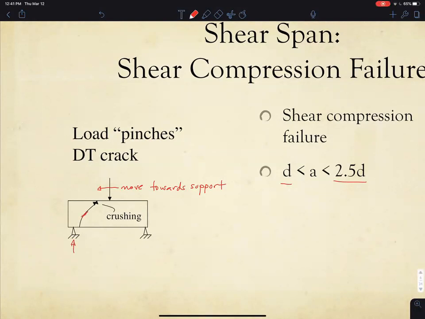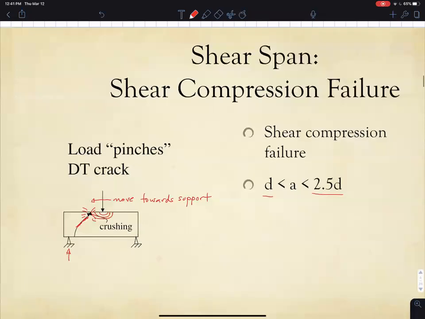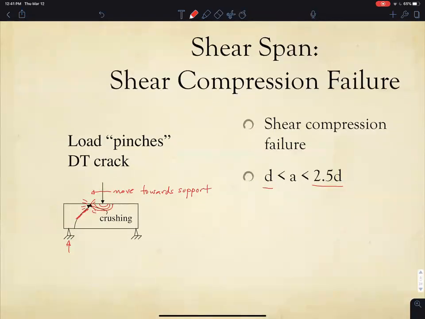This diagonal tension happens, but as the crack goes towards the surface, there's this compression zone around that load, and there's also compression due to My over I, and the crack will arrest. It won't go all the way through the beam, and you keep increasing the load, and eventually this will just explode or crush in compression. And so we call this kind of failure a shear compression failure.